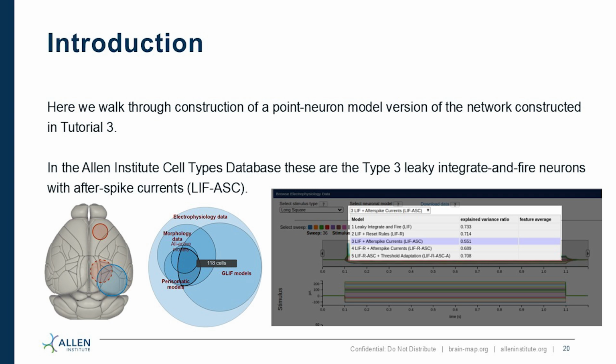So again, the first step is that we're identifying or choosing the cell models we want. In this case, we're using one of these GLIF types that are also available from the Allen Cell Types database. At the end of this tutorial, I have a couple of references.